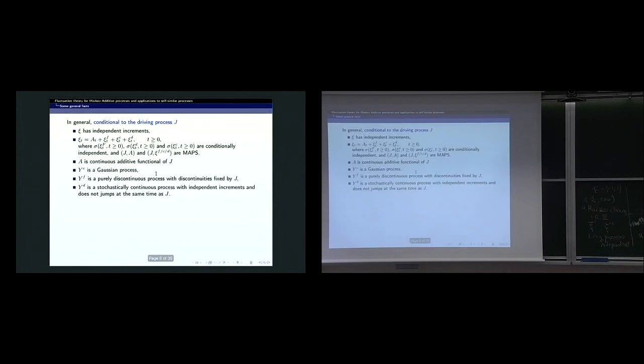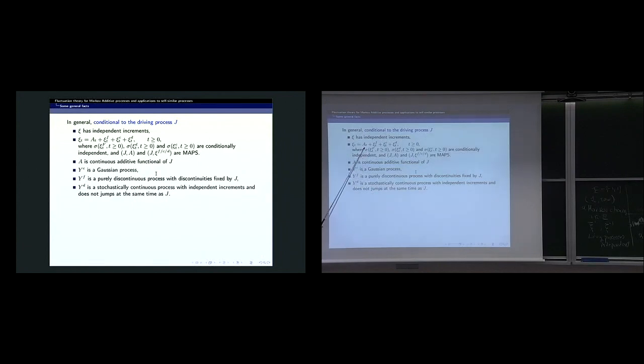Tell me if I go too fast, because I'm using the slides, and usually that makes me go too fast. In a more general setting, we have that if we condition on J, by the construction, psi still has independent increments, and it admits a description as the one we have for a Lévy process.